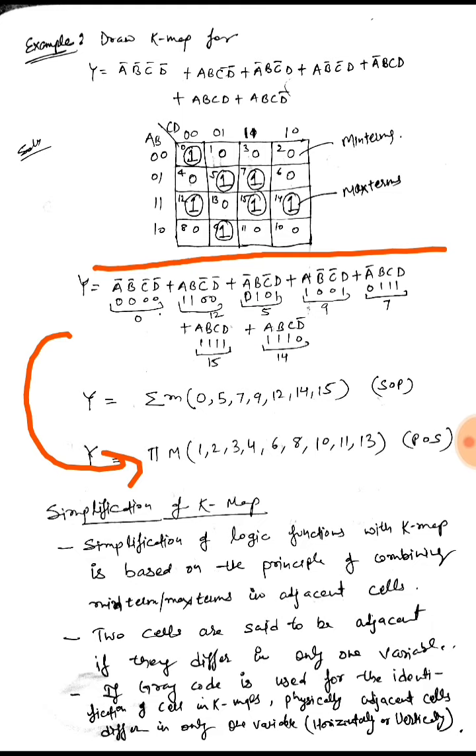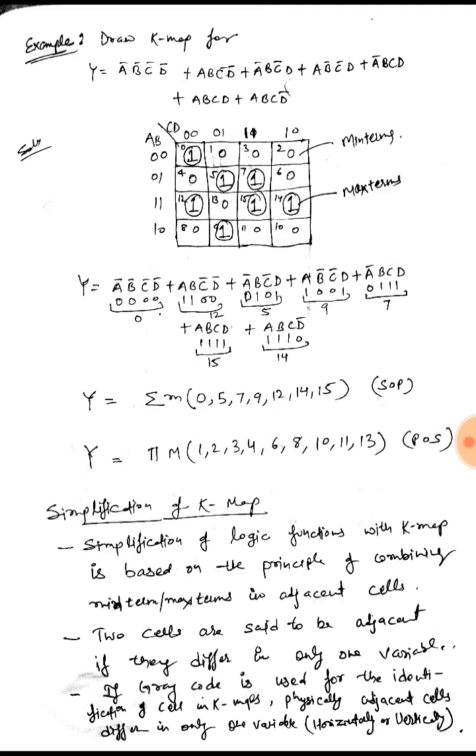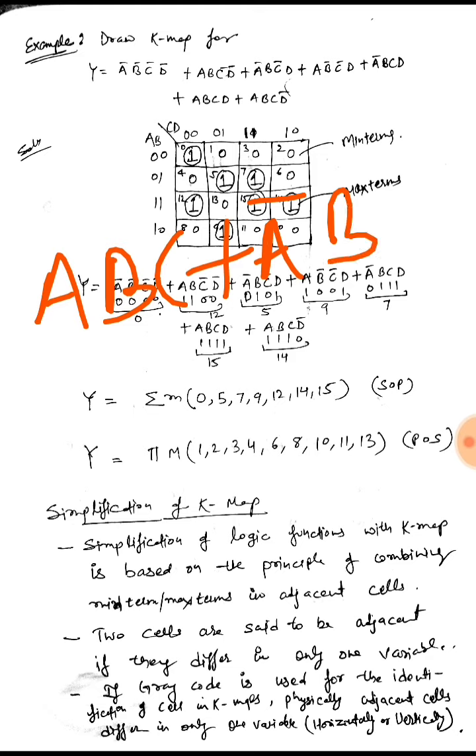Now let's see how we can simplify it. Simplification of a logic function with a K-map is based on the principle of combining min terms and max terms in adjacent cells. If I have 1 in this cell and 1 in this cell, I need to combine both, as we have seen in the algebraic simplification. Let's say I have a b c plus a bar b c.